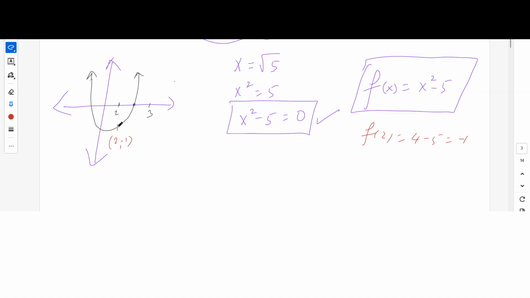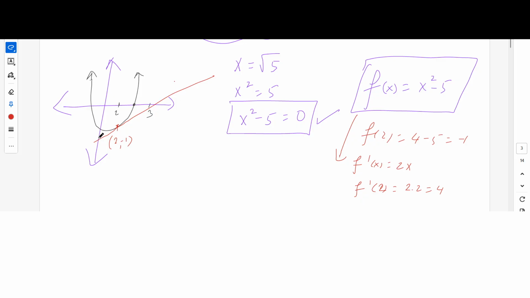At this point we can draw a tangent line, and we can find the equation of this tangent line. What is the slope of this tangent line? We find it using the derivative, which is 2x. At 2, the slope is 2 times 2, which is 4.